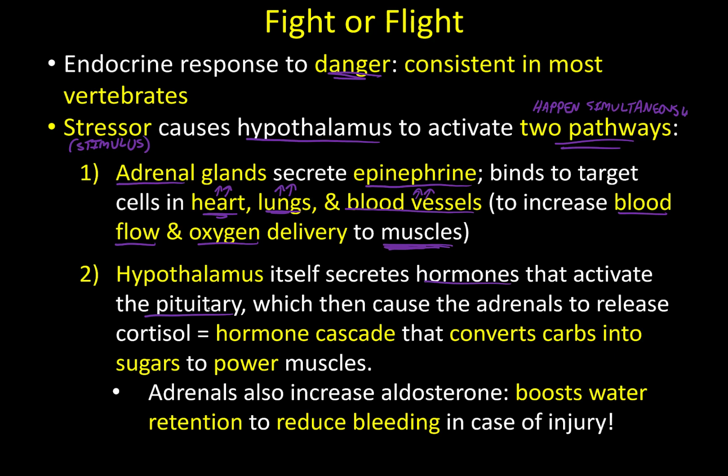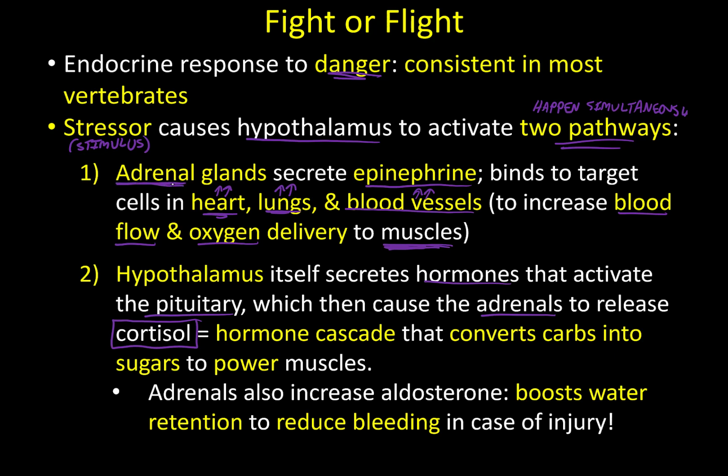The pituitary then is going to send a different set of chemical signals to the adrenals. And it's going to cause the adrenals to release something other than epinephrine. Instead, the adrenals once again are going to release cortisol.